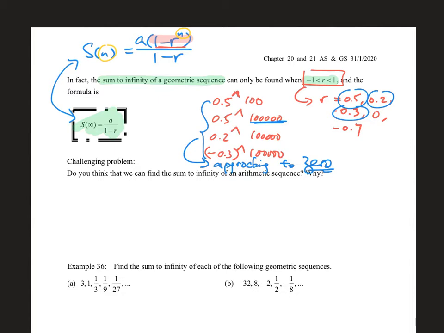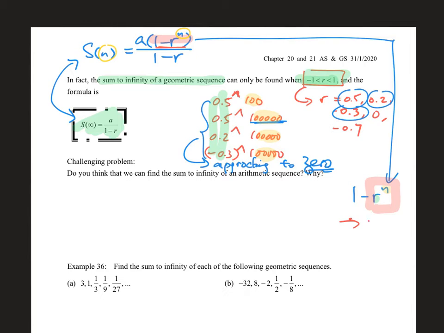So as a result, a very little trick I will use is this: when you have 1 minus R to the power n, and R is between -1 and 1, like the examples here, then when it's raised to power n, where n is a very large number, you will see that the whole expression R to the power n goes to 0. That means 1 minus R to the power n approaches 1 minus 0, which means it's approaching 1.